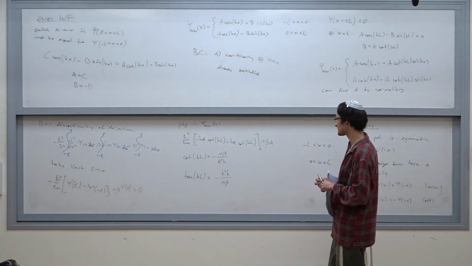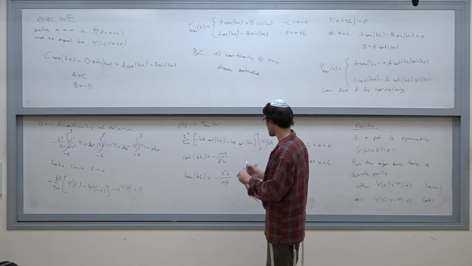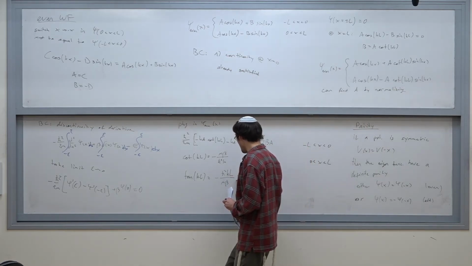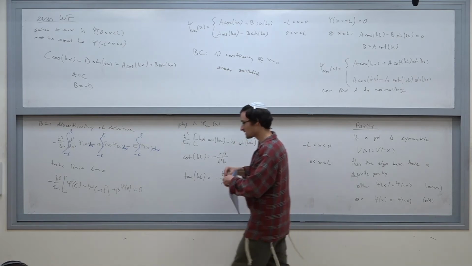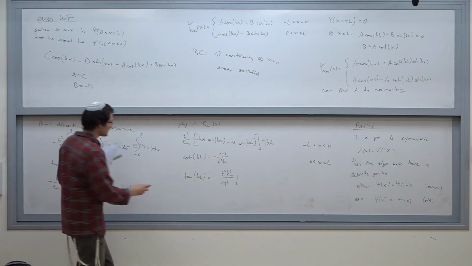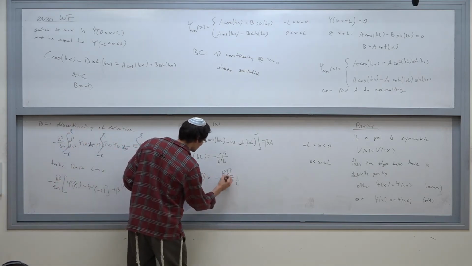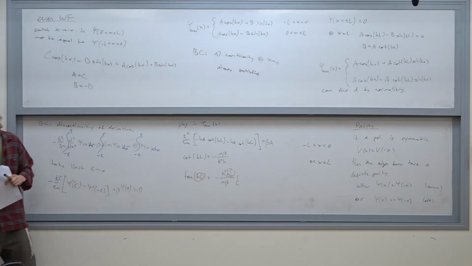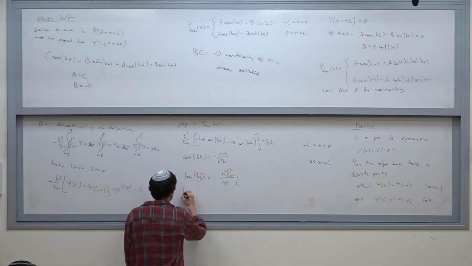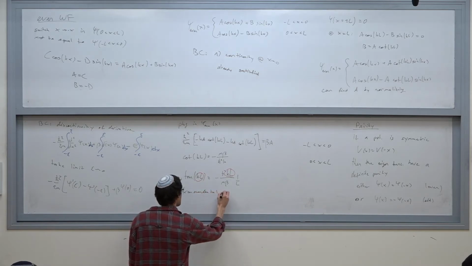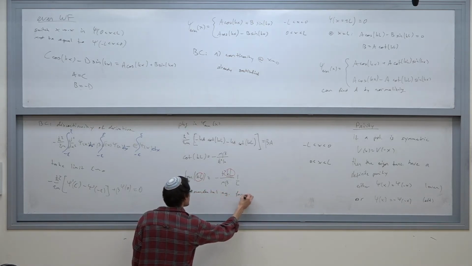Obviously, this is a transcendental equation for kl. So let's just multiply by L and divide by L, okay? Because we want the argument here to appear here as well. So we multiply and divide by L, and it is then a transcendental equation for kl.